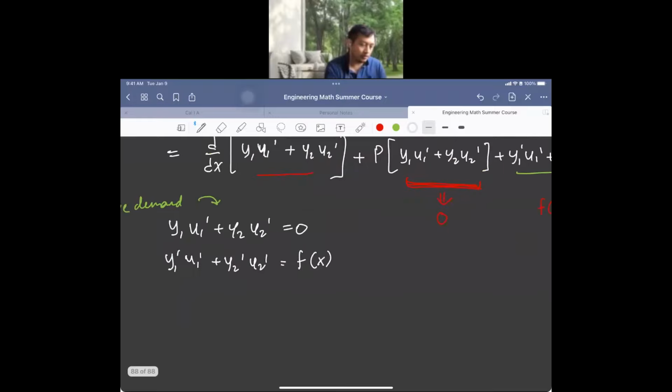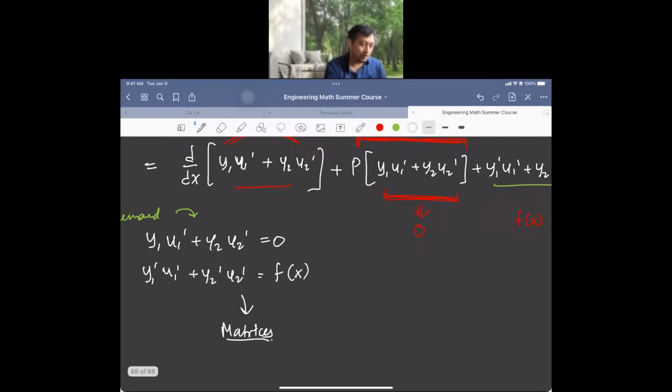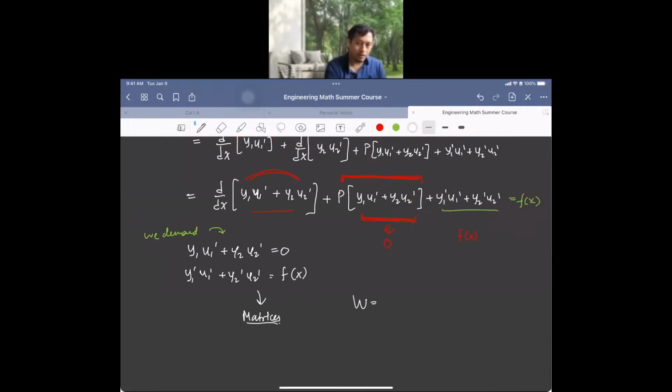If you remember the Wronskian, we are going to change this into matrices. So the Wronskian, we remember, is the determinant of y1, y2, y1 prime, y2 prime, right? It should be y prime like that.